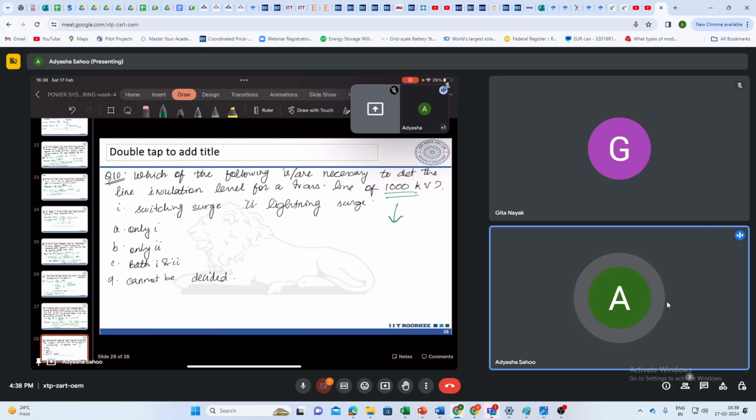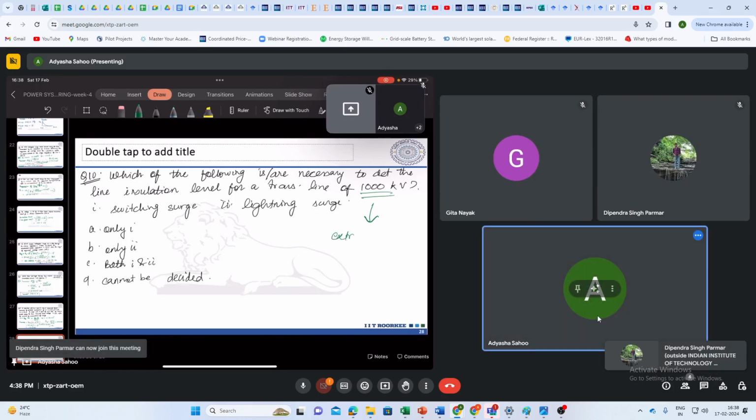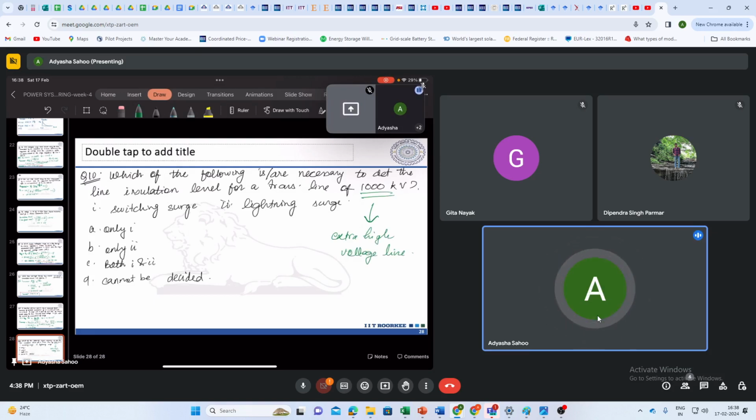You can also type in the chat box. So this is an extra high voltage line, right? So its insulation level is decided on the basis of switching surge or lightning surge.